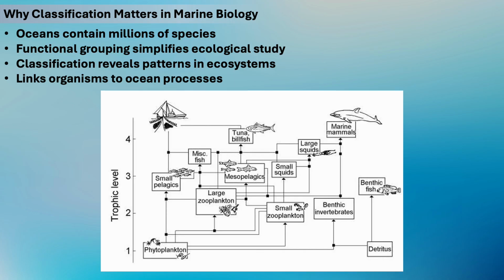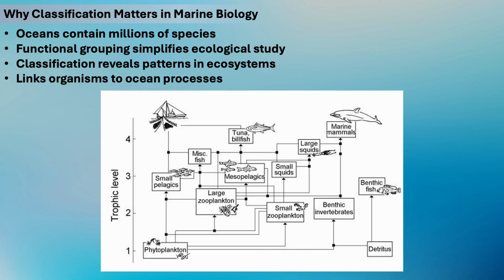Throughout the rest of this lecture, we will examine the major functional categories used in marine biology to classify organisms. These categories include organisms that drift in the water column, organisms that actively swim, and organisms that live on or within the sea floor.